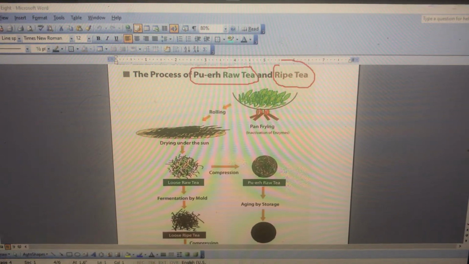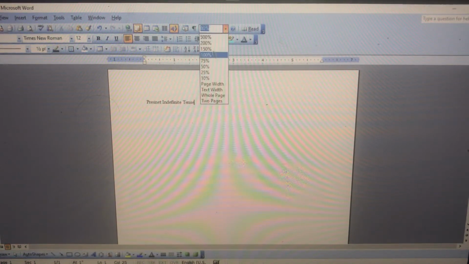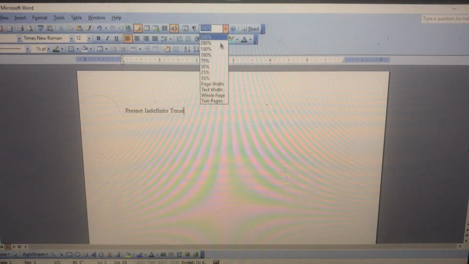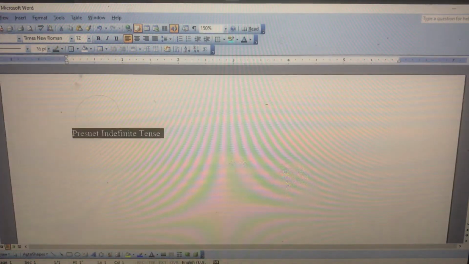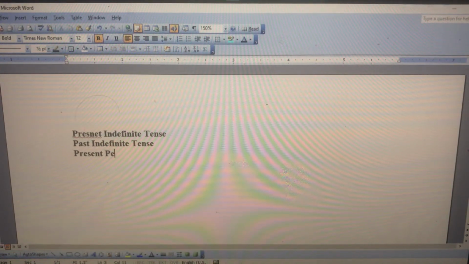The very first option that you should use is present indefinite. The second option is past indefinite. The third option is present perfect tense, right?